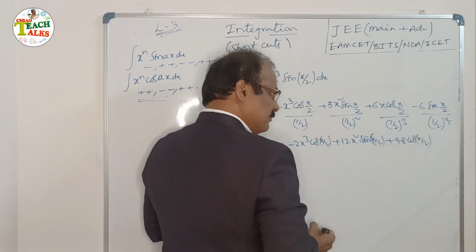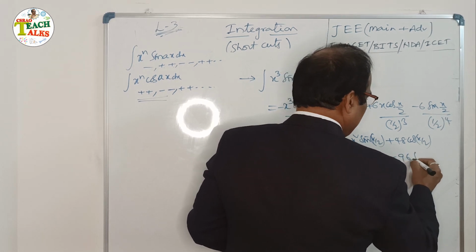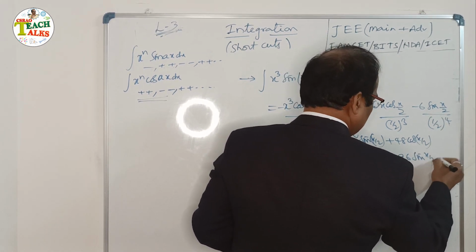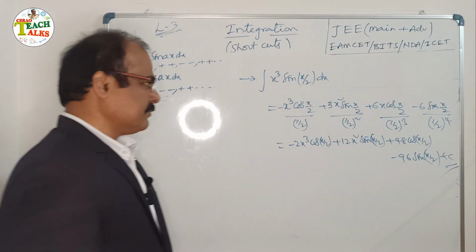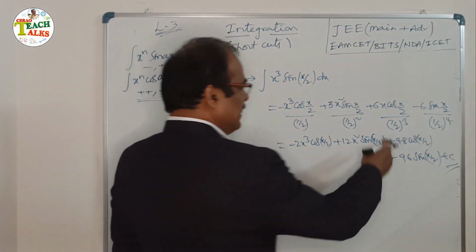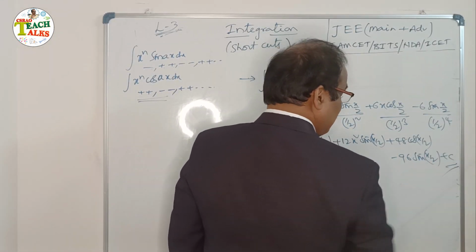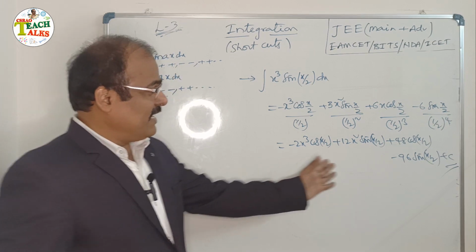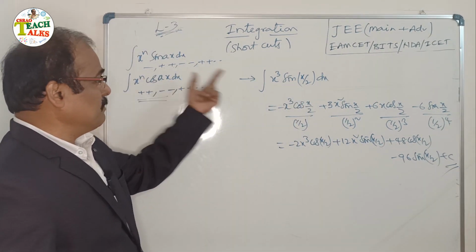Okay. Minus 96 sin x by 2. And it's plus c. These are 8, 8 6s are 48, 16 6s are 96. Like that. It is very easy to solve this type of problems if you use this shortcut, this pattern.